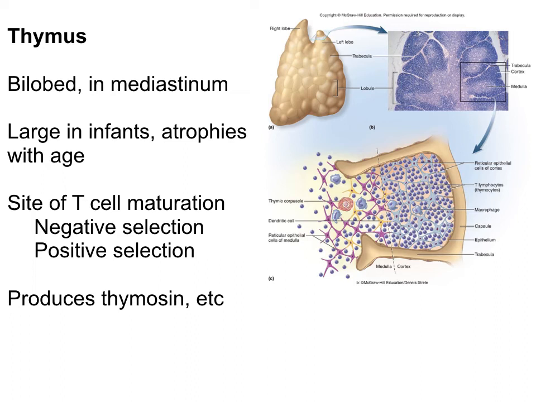Now, if the T cell makes it through the RE test, meaning the T cell can recognize your MHC proteins and it doesn't react with your healthy cell's antigens, it's going to undergo a process called positive selection. And in positive selection, you are going to form clones, clusters of identical T cells that all respond to the exact same antigen.